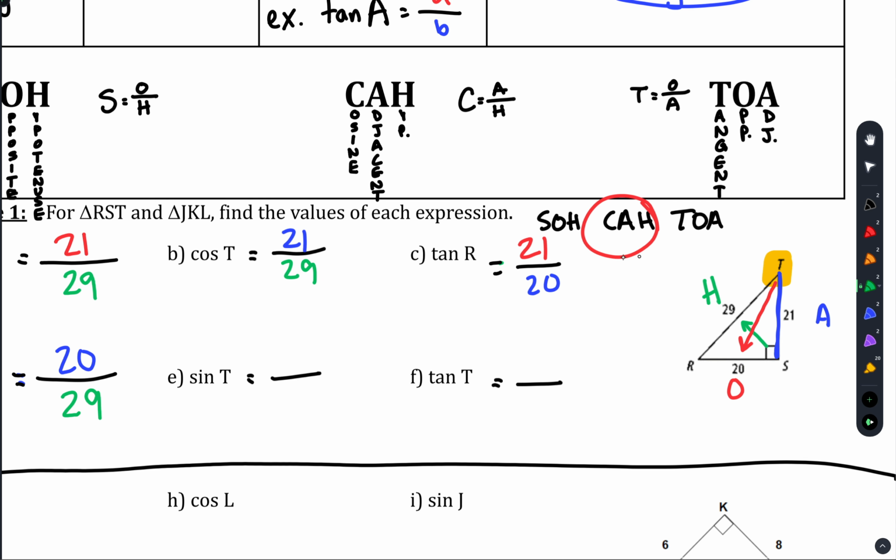Beautiful. Letter E, sine of T. What do we think? 20 over 29. Opposite O over hypotenuse, h. And then lastly, tangent. What's our ratio, Max? 20 over 21. Beautiful. 20 O, 21 A.